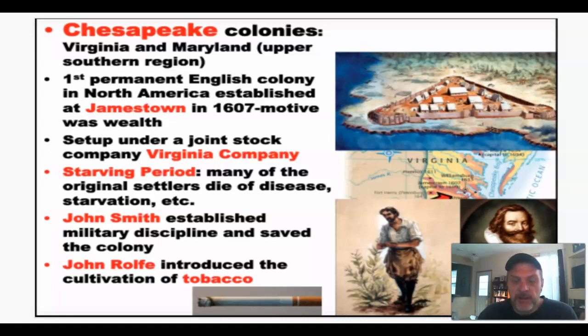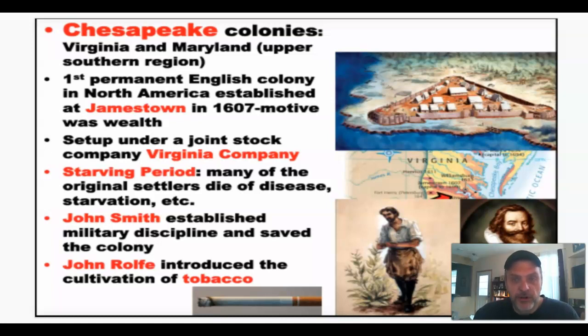And the motivation for the English settling at Jamestown was completely based on wealth, revenue. In other words, it was a corporate colony, a joint stock company, and it was designed to earn profits, to earn revenue. And parts of those profits would be paid back to the investors.